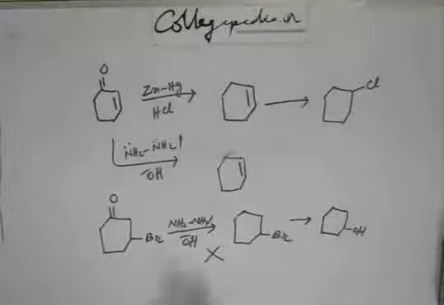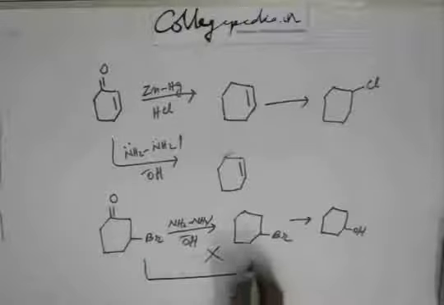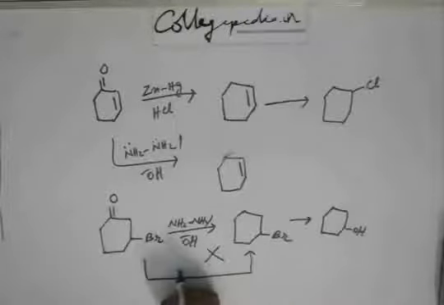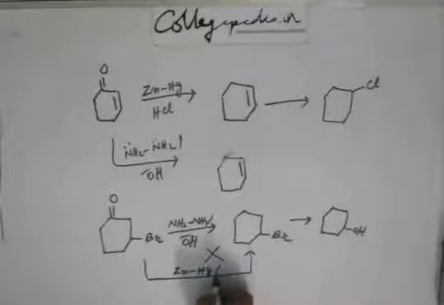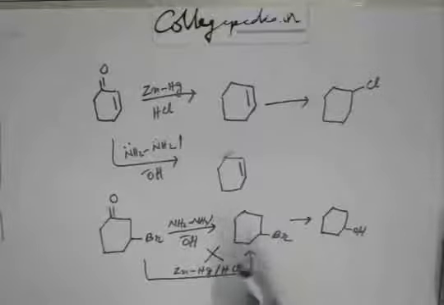Fine. So in this case, if you use Clemmensen reduction, if you take amalgamated zinc along with HCl, because HCl is acidic, this bromine group will not be affected by the acidic medium. So you are going to end up with this as a final product.